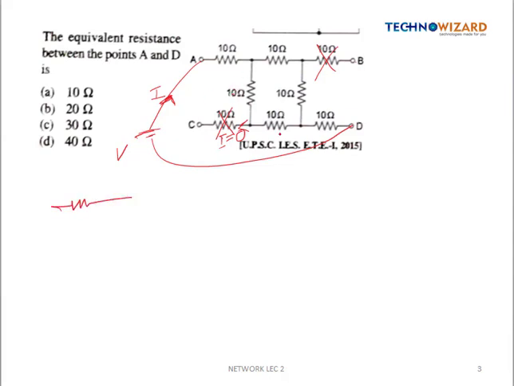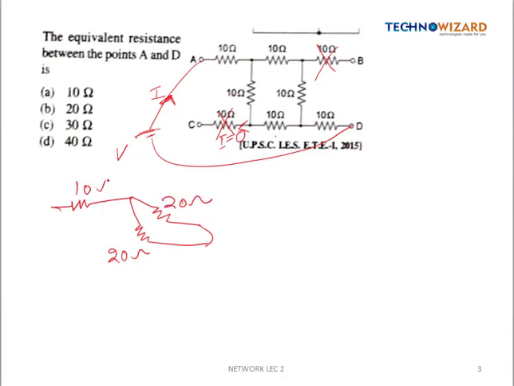Now these two 10 ohm resistances are in series, so we can draw it like this, right? These two 10 ohm resistances will be in series, so it will become 20 ohm. Similarly, these two are also in series, will become 20 ohm.